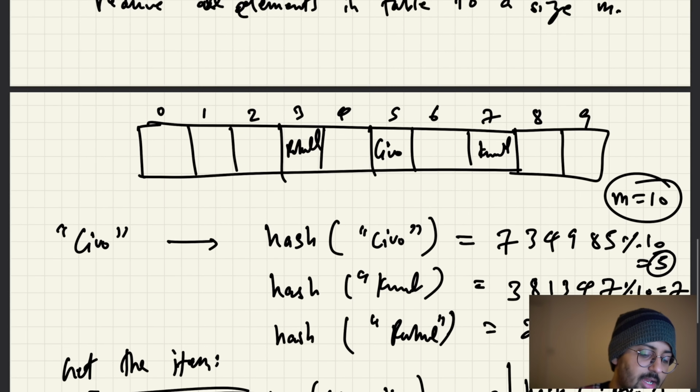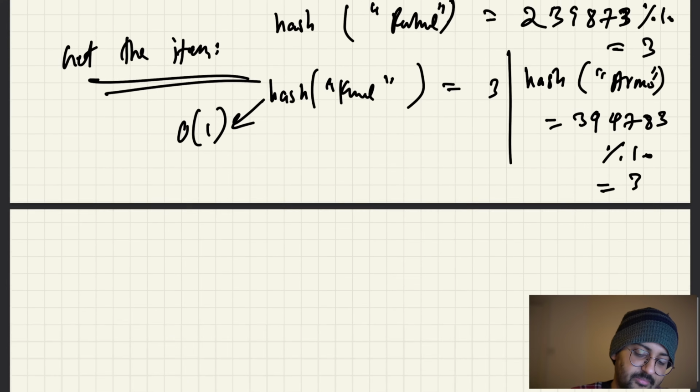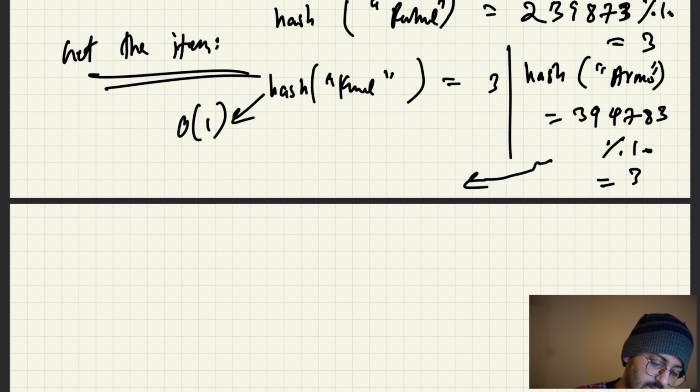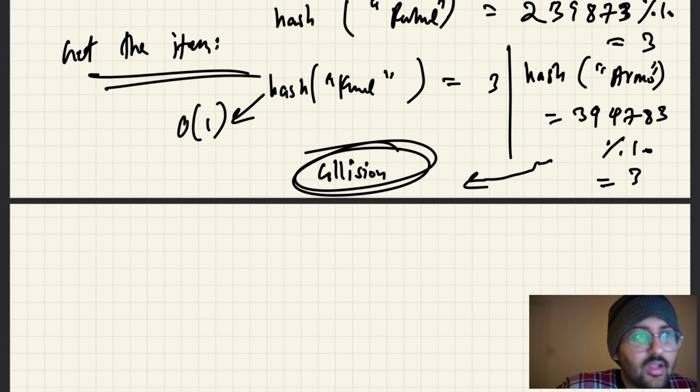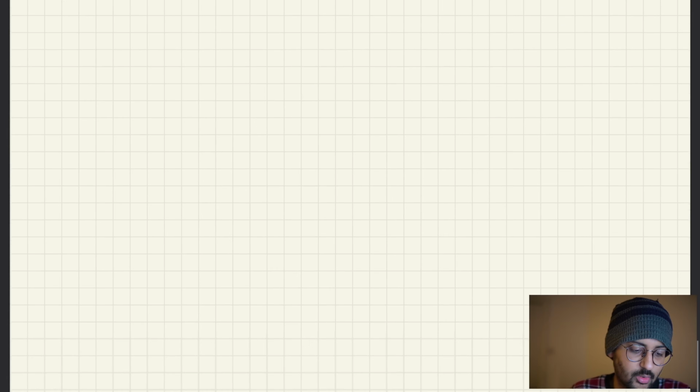So at index 3 I should put armo, but now at index 3 Rahul is already there. What do I do? This is known as a collision. When you get multiple items with the same index, that's known as a collision.